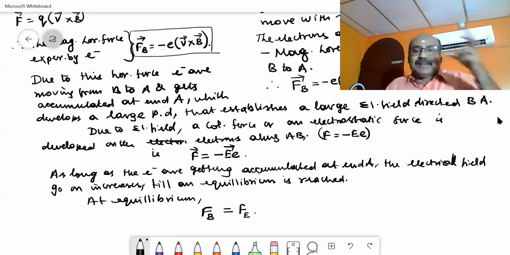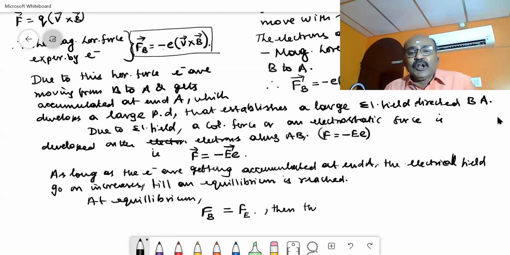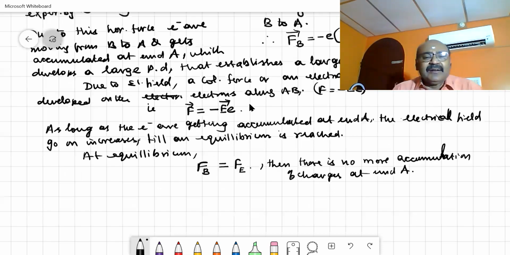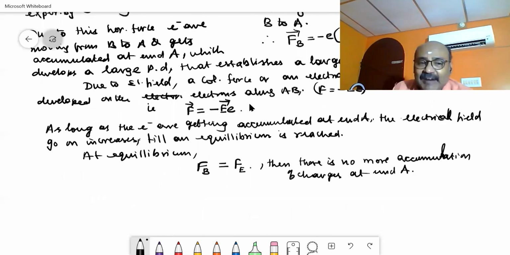When the Coulomb force and the magnetic Lorentz force balance each other, in equilibrium, there is no more accumulation of charges at end A. That is, there is no transfer of electrons from end B to end A. When you consider this equilibrium condition, the magnetic Lorentz force developed on the electron is equal to the Coulomb force developed on the electron.